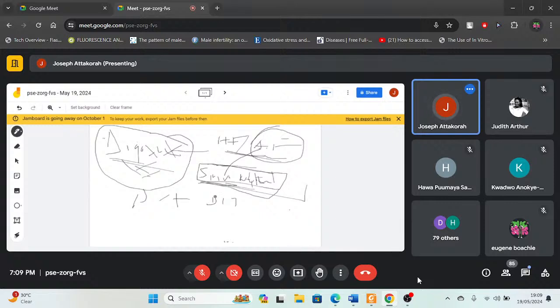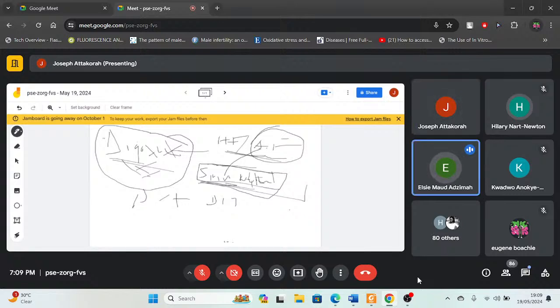Can you hear me, class? It reduces the number of hospital admissions. So that's not in the area of mortality. It does not reduce mortality.